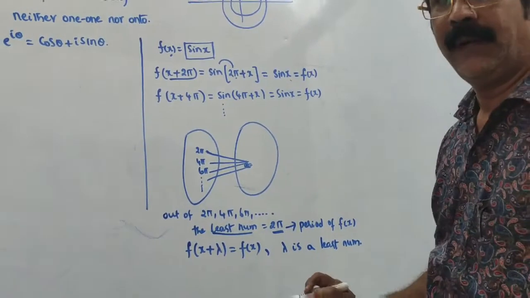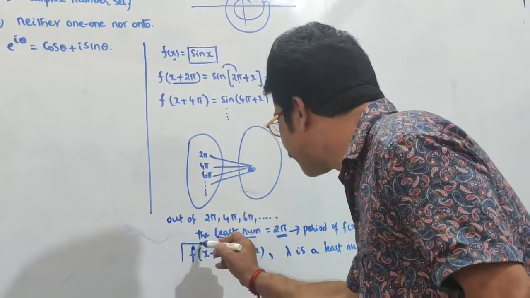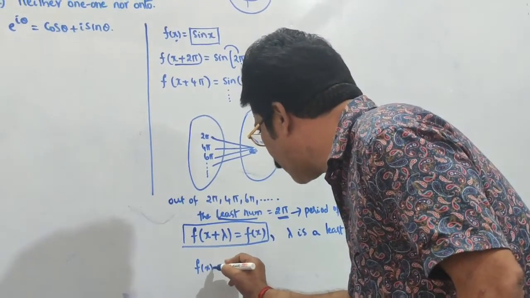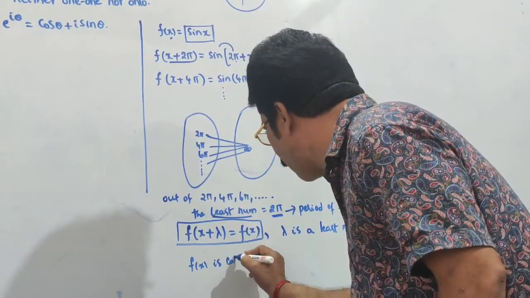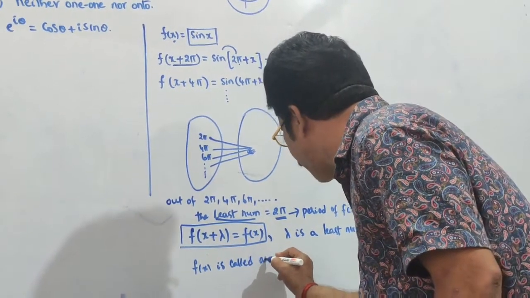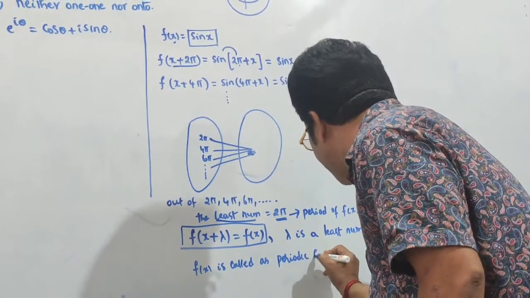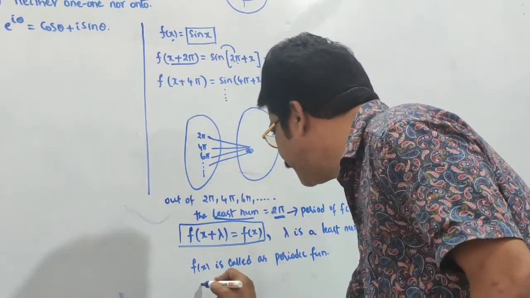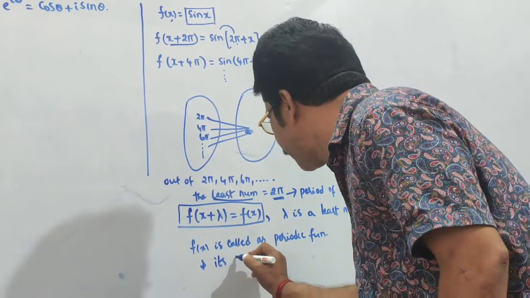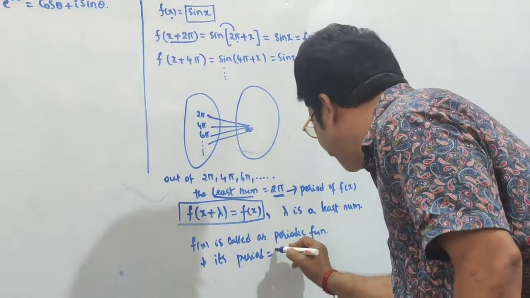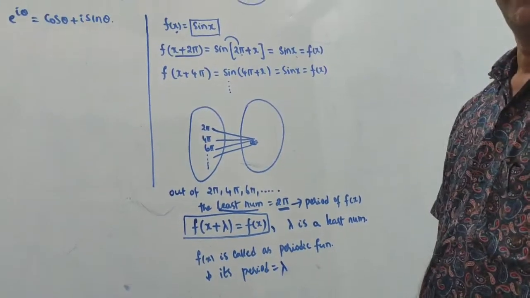So if this condition is satisfied, then f of x is called a periodic function, and its period is equal to lambda.